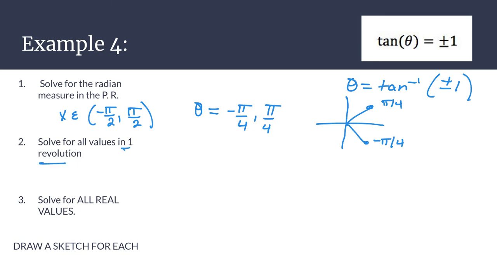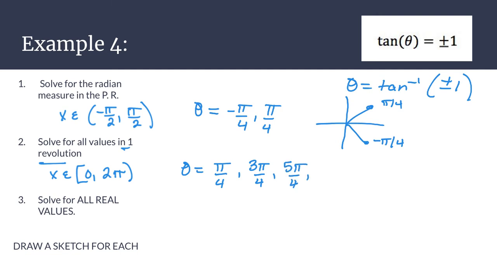If we change that domain to talk about one revolution, now we're looking at the domain between 0 and 2 pi. This is going to happen much more often. We still have quadrant 1, but now we're going to add in quadrant 2, which is going to be at 3 pi over 4. We're going to add in quadrant 3, which is 5 pi over 4.